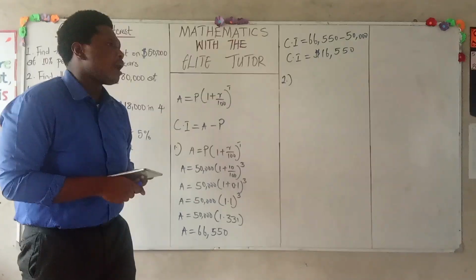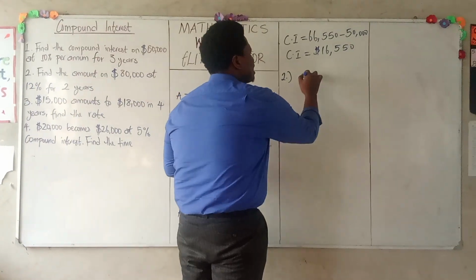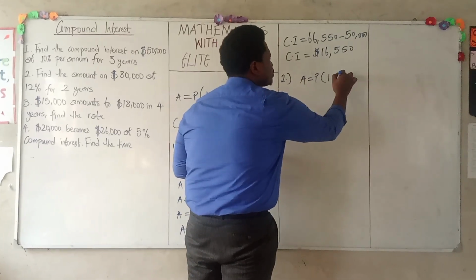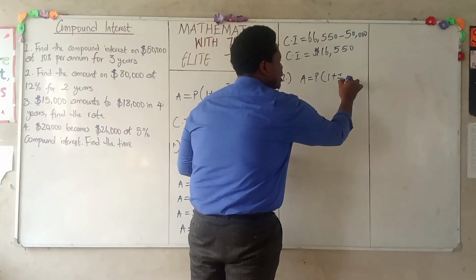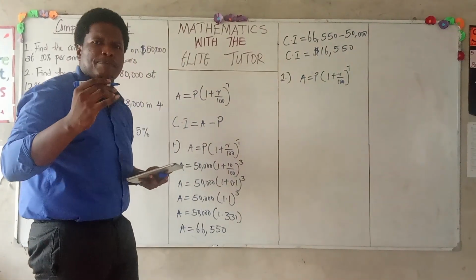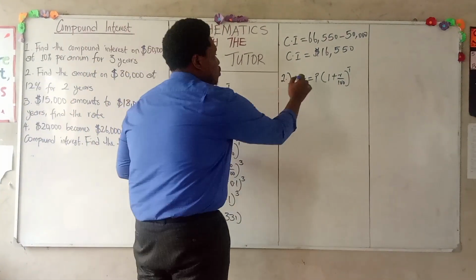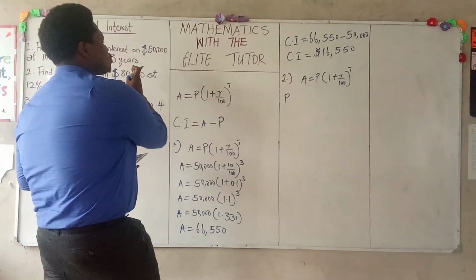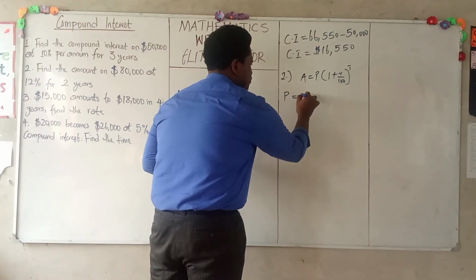Now we are going to use our amount formula, which is A is equal to P into 1 plus R over 100 raised to power T. Now let's bring out our parameters. We are looking for the amount, which is A. Our P based on this question is $80,000.